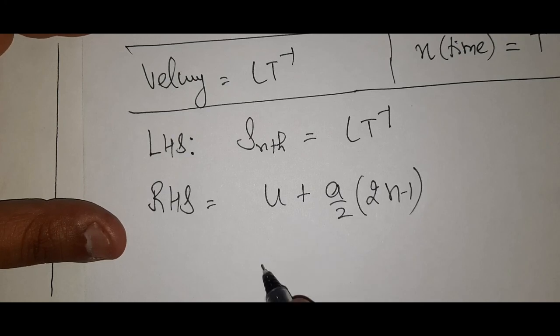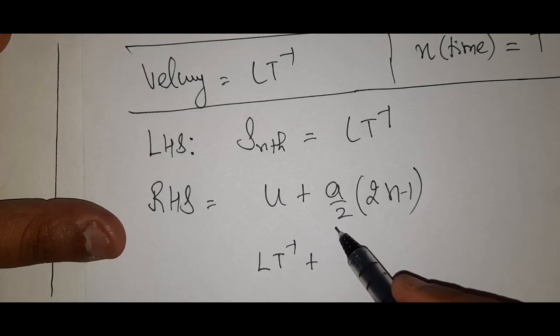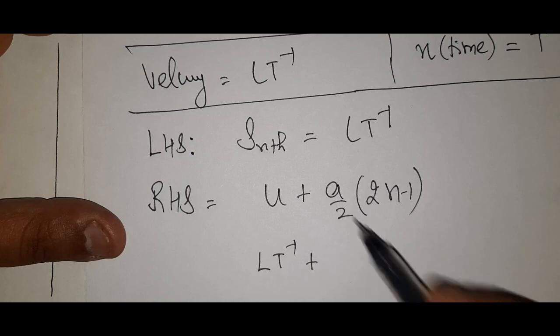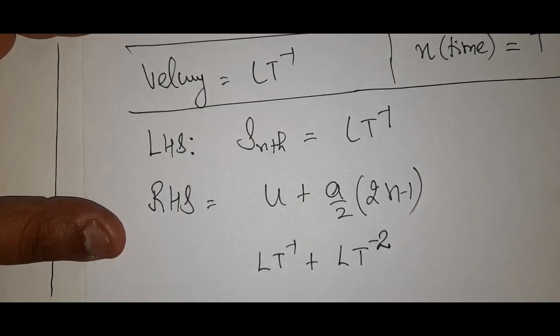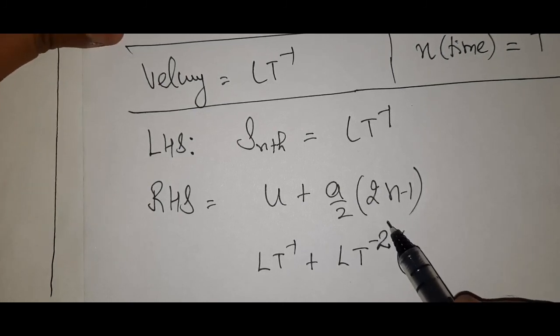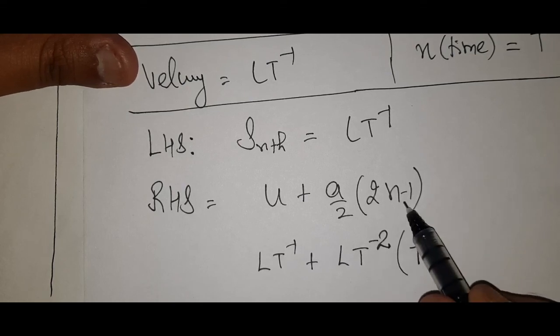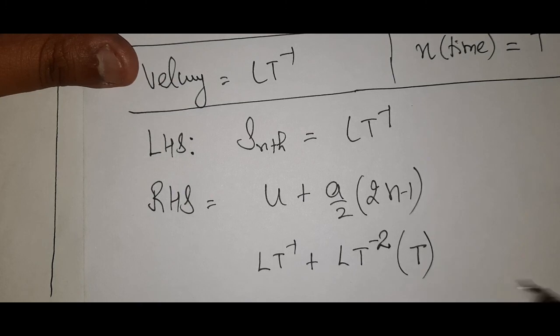Now this U is initial velocity, a velocity, LT minus 1, plus 1 by 2. The 1 by 2 will not contribute anything. Acceleration is LT minus 2. Then the bracket 2 will not contribute anything. N corresponds to time, minus 1 is a constant, so it will not contribute anything.